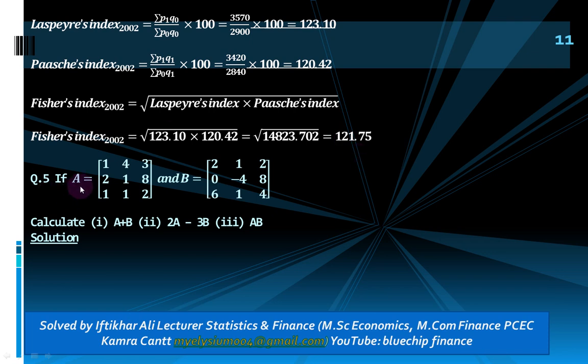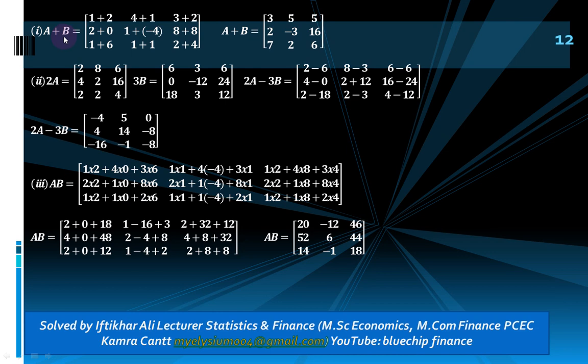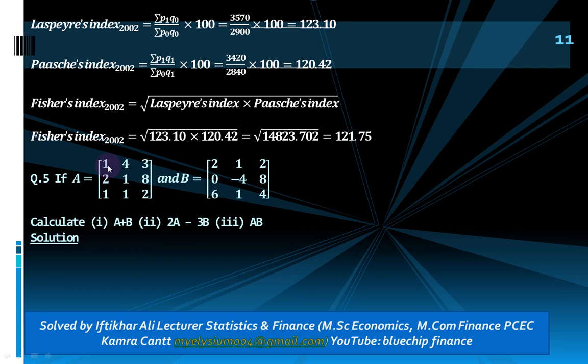Question number 5: if matrix A is 143, 218, 112 and matrix B is 212, 0 minus 48, 614, calculate number 1, A plus B, number 2, 2A minus 3B, and number 3, AB, or the product of A and B. First of all, for the calculation of A plus B, just add each element of the matrix to the same element of the other matrix.